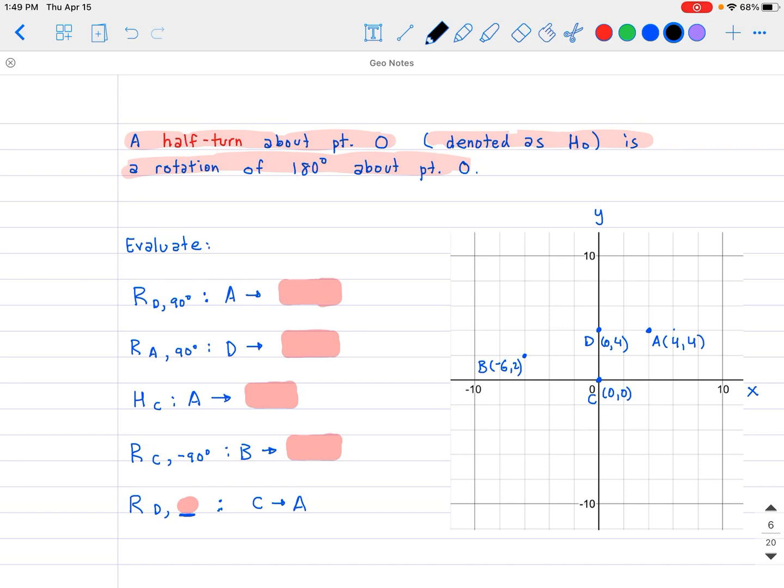And I'm going to rotate it 90 degrees. So what I'm going to do is draw the circle where O is the center, so that way I can see where A is going to be located. So here, let me see if I can draw it without having to butcher everything. So here is going to be my radius.